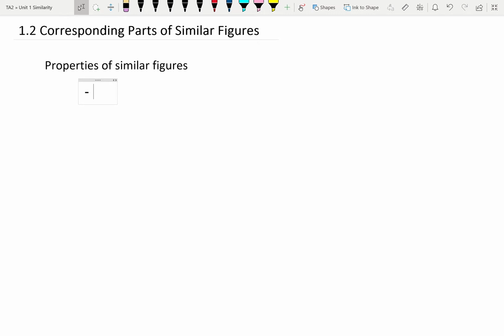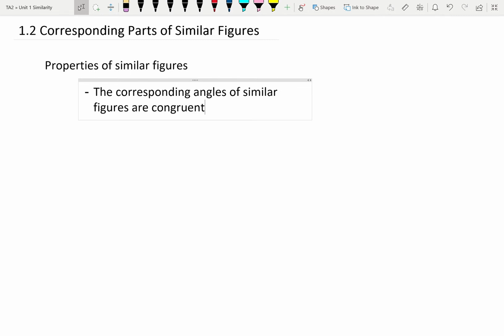First, the corresponding angles of similar figures are congruent. Congruent just means equal to each other.